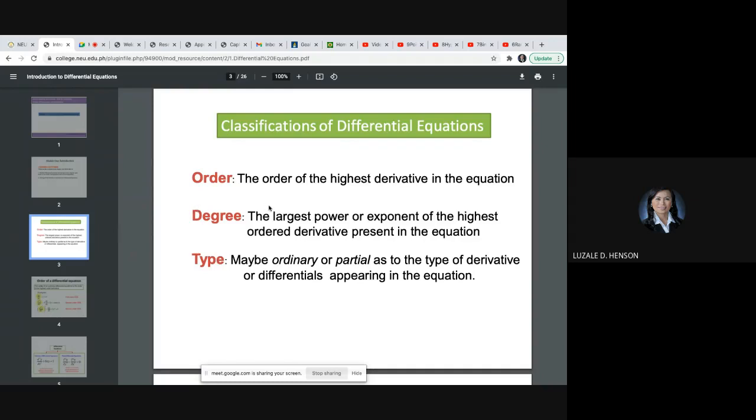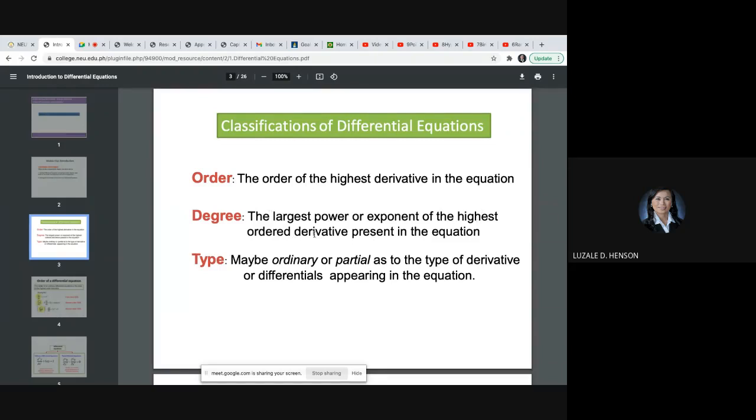When you say order, it's the order of the highest derivative in the equation. How many times are you going to integrate the differential equation to arrive at a function? That's the order. The degree is the largest power or exponent of the highest order derivative.